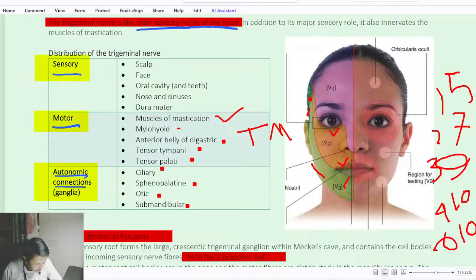We need to remember the upper lip is by maxillary, but the lower lip is by mandibular. The ala of the nose is by V2, but the tip of the nose is by V1. Tip of the nose by V1.